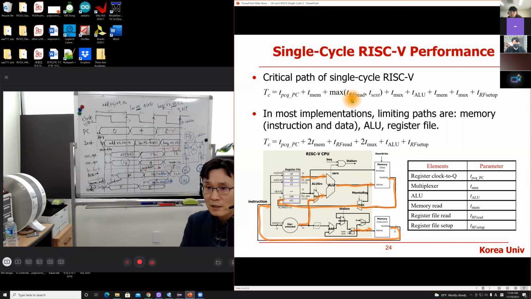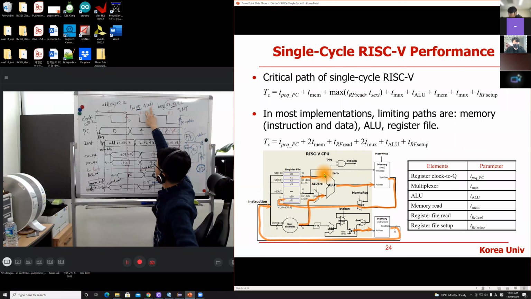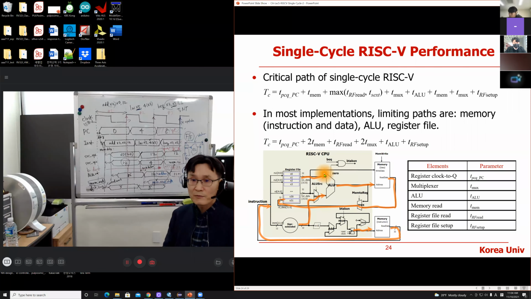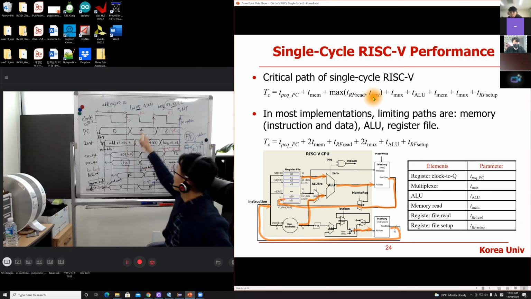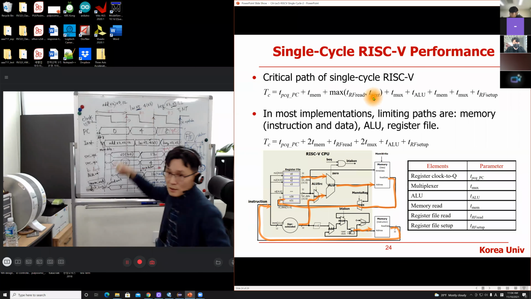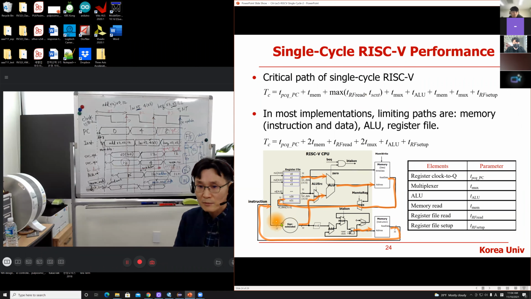The first one is register file read. If you think about that instruction, the X3 register, the first source operand, is coming from the register file, so there is the register file access time delay, or the sign extension logic. This one, 4, the second source operand, is taking that path.